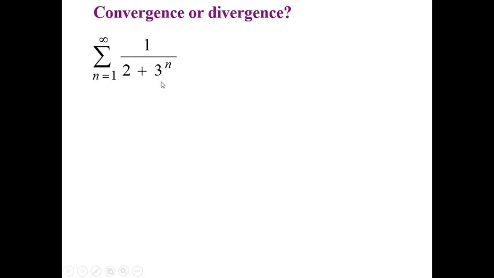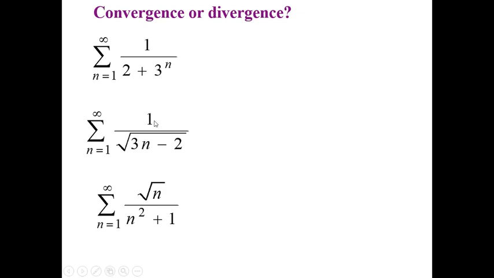For this one and also this one, you can use 1 over 3 to the power of n for the comparison. And for this one here, you can use the ratio of root n over n squared for the comparison. And for this one, you can use b sub n as 1 over square root of 3n.